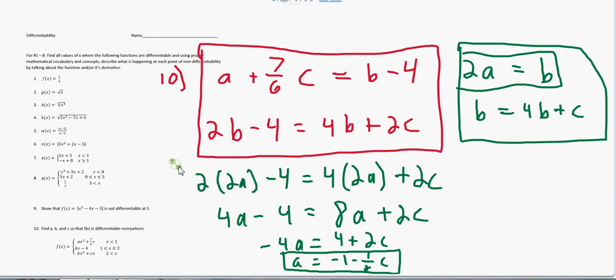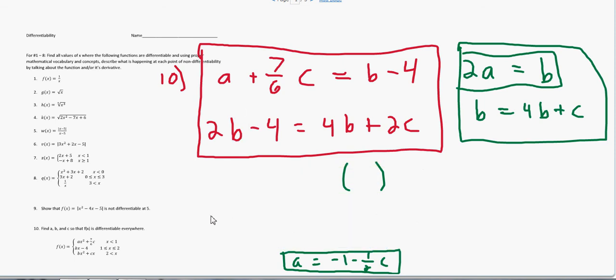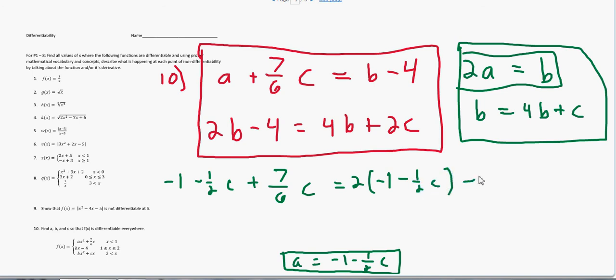Here's how we're going to do it. We can erase this. a is negative 1 minus 1 half c plus 7 sixths c has to equal b, but b is just 2a. And a is just this thing. So it equals 2 times negative 1 minus 1 half c, minus 4.